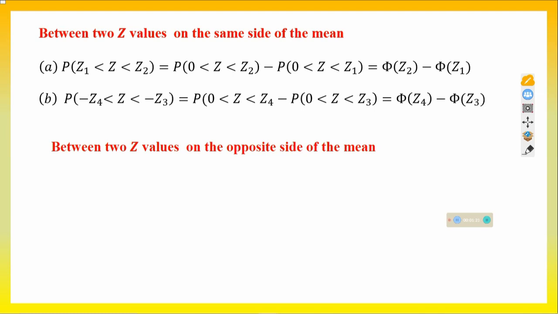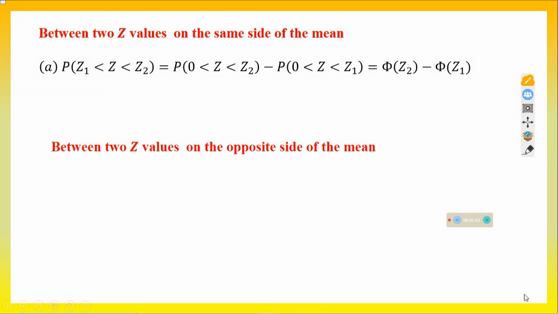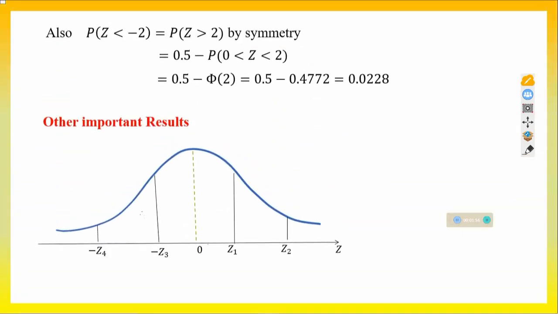If you are having an expression where you are looking at the probability of z1 less than z less than z2, then we are saying this is the same as the probability of 0 less than z less than z2 minus the probability of 0 less than z less than z1. That can be easily obtained because if you look at our curve back here, you realize you are interested in this probability here.